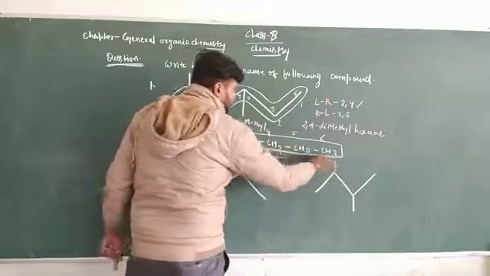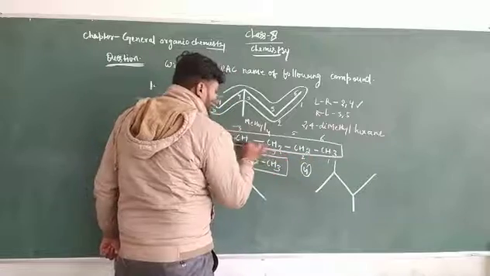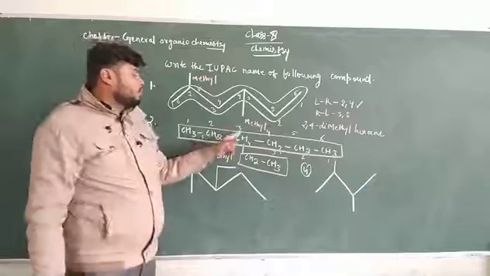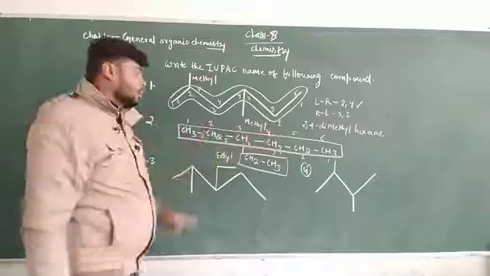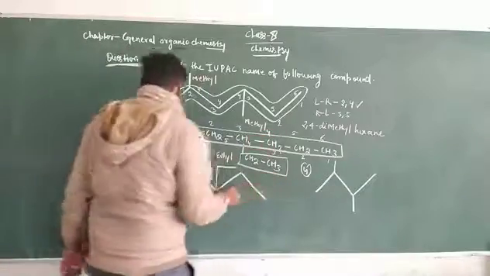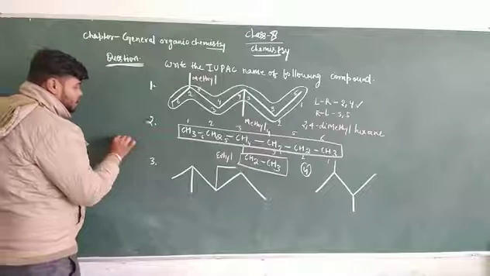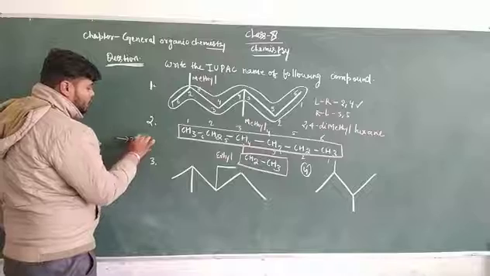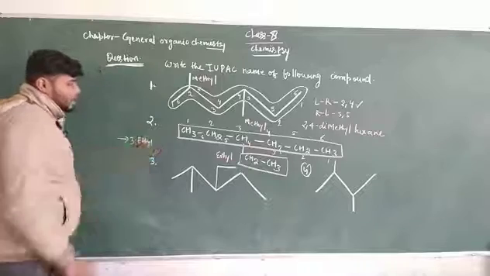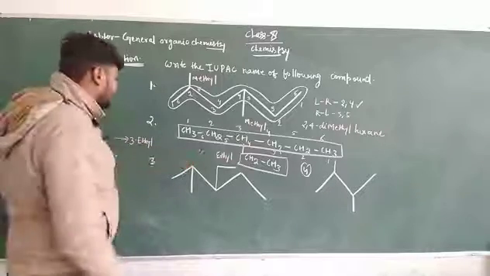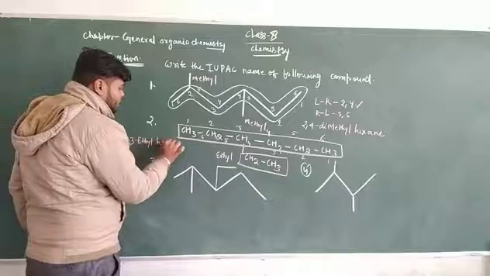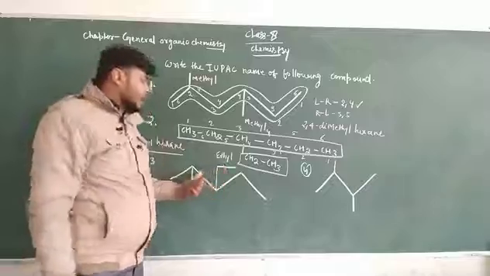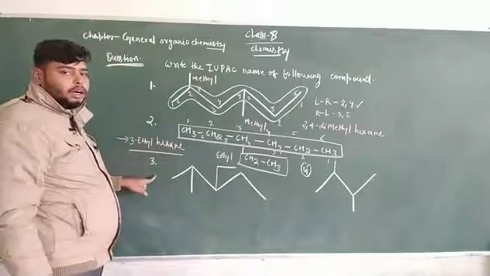We get the lower position from left to right, that means 3. The naming of this compound is written as 3-ethylhexane. Clear?